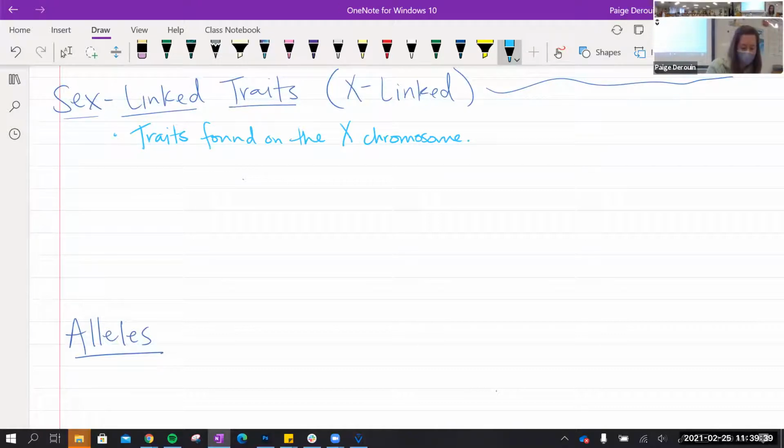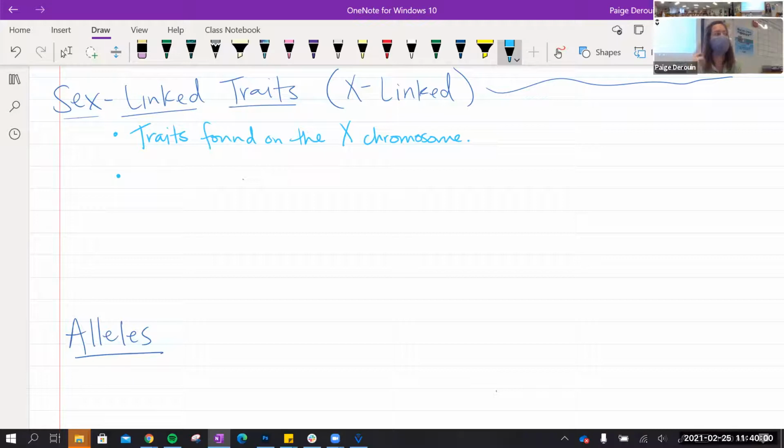I think I told you this before, but the Y chromosome is so small that there's really not very many genes found on it. So all of these problems that you're going to do are going to be traits found on the X.